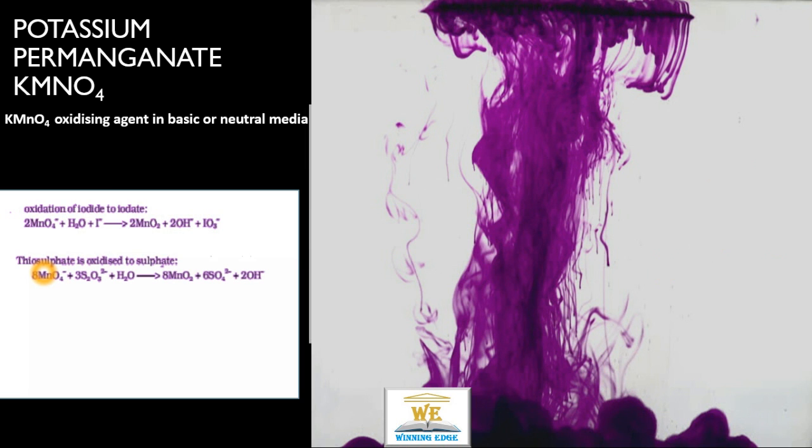Next is thiosulfate to sulfate. What happens here is the oxidation number of permanganate changes to manganese dioxide, only +3, so 3 electrons it will accept, while for thiosulfate it changes from +2 to +6, a 4 electron transaction.